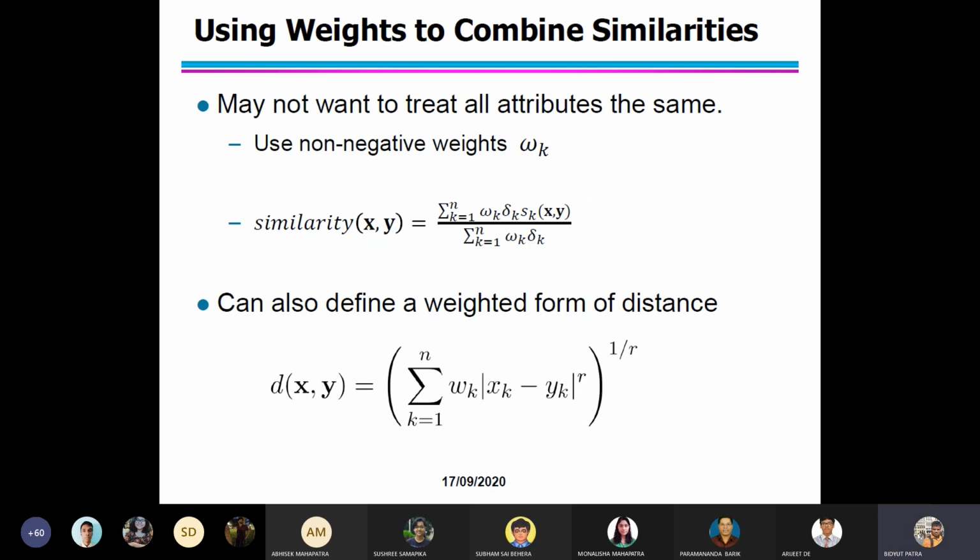Now another way is, as I said, you give more weightage to particular attributes and less weight to the other attributes. In that case, that weight factor will come, and this is an indicator whether it is symmetric or non-symmetric. This will be one, whether you want to give importance or not. And this is the weight factor.